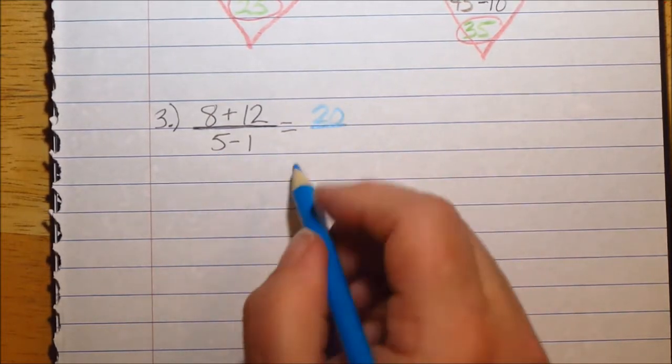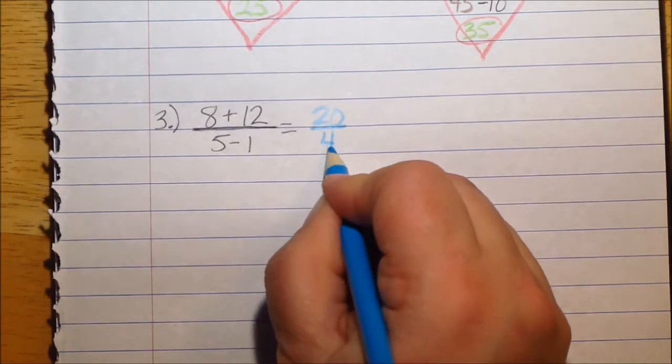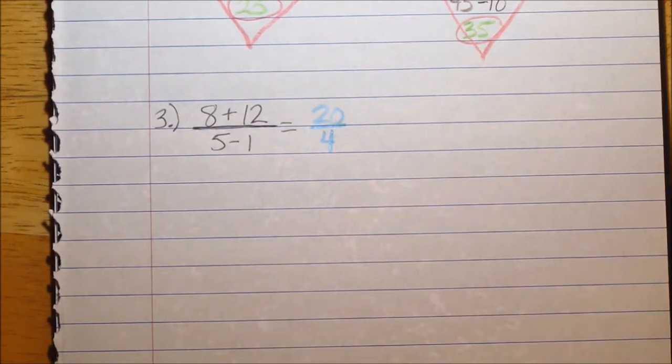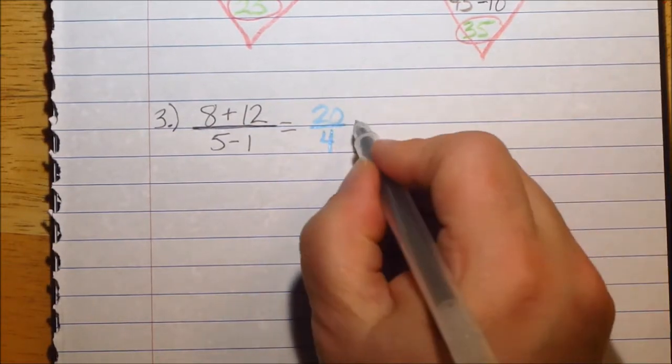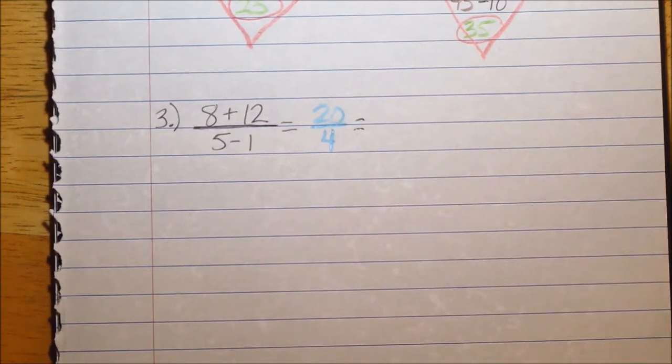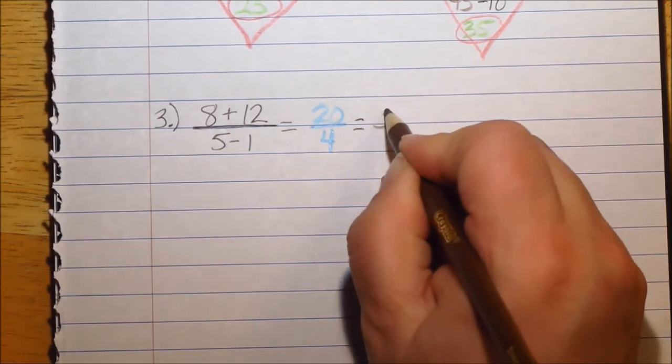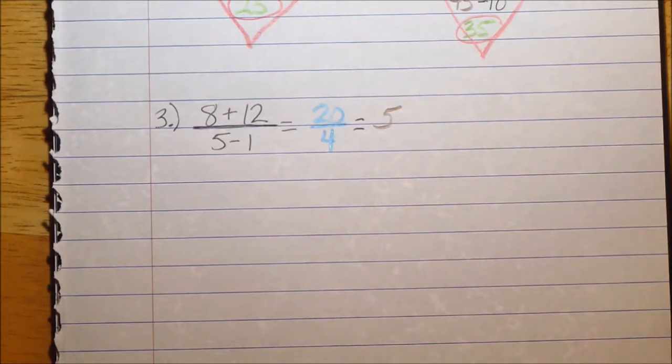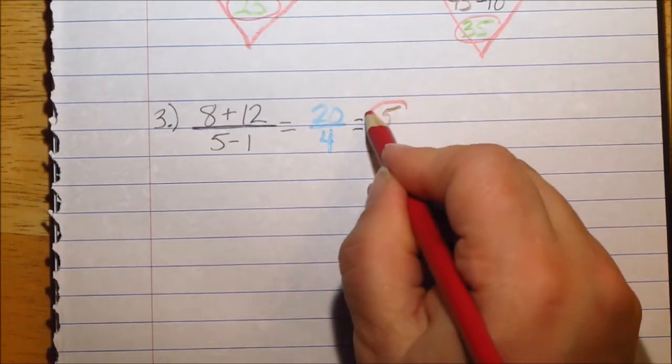And then 5 minus 1, which is 4. Okay. Now I have that down to a division problem. I simply have to simplify. 20 divided by 4 is 5. So my final answer on this problem is 5.